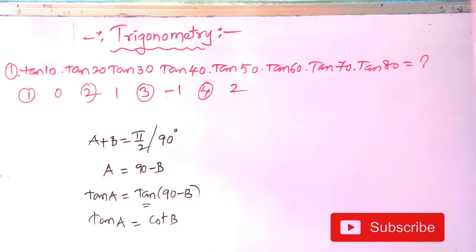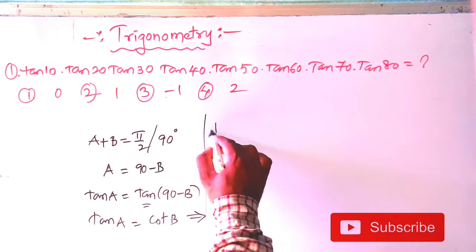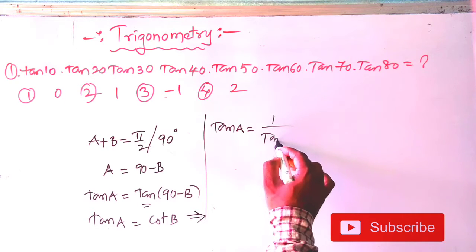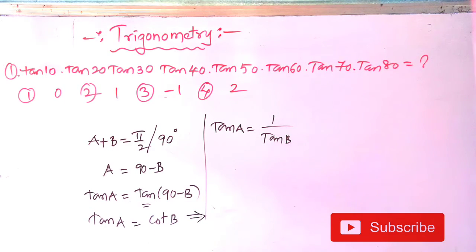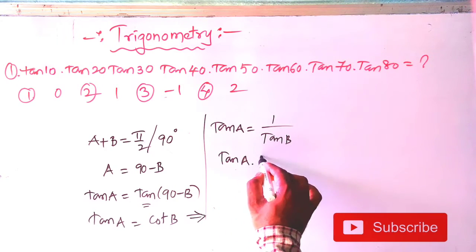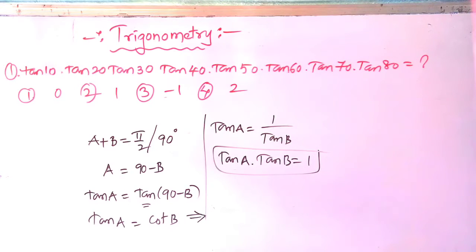Since 90 degrees is there, we change tan into cot. Cot B it becomes. Tan A equals cot B, that implies tan A equals 1 by tan B. So tan A into tan B is equal to 1.